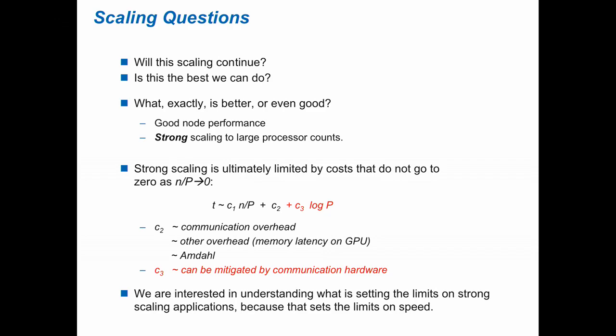So strong scaling is ultimately limited by costs that don't go to zero as n over p. If n is the total number of points and p is the total number of processors, and I fix n and increase p, then this term is going to zero. My time should scale if it weren't for these two. In other words, if I double p, then my time should go down by a factor of 2. That's strong scaling. That's what we want. Why isn't that happening?